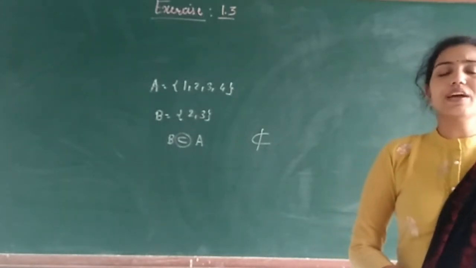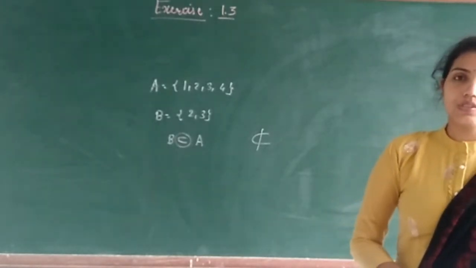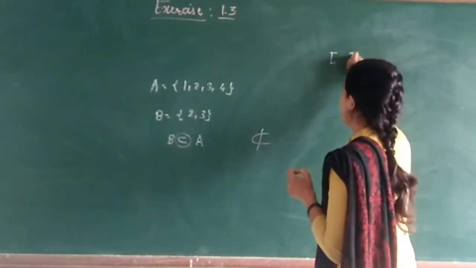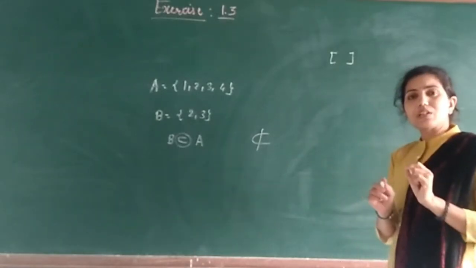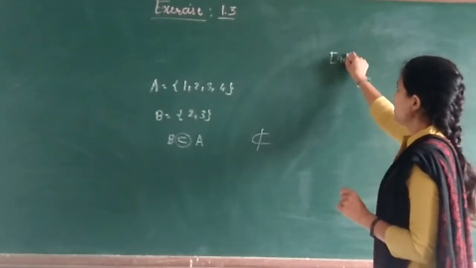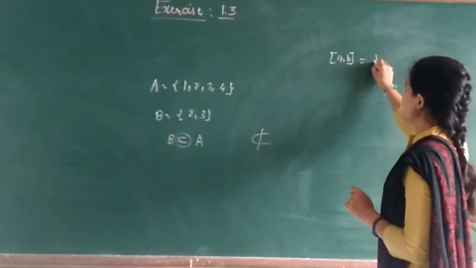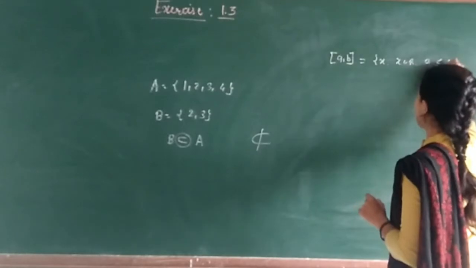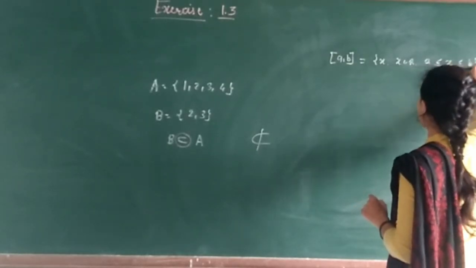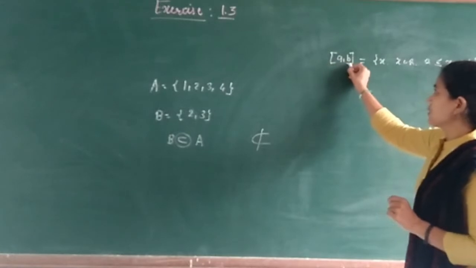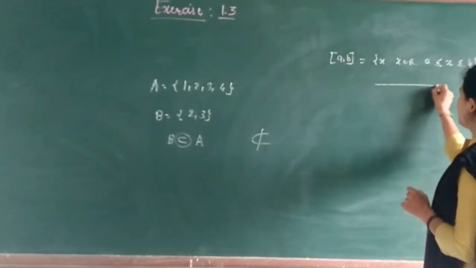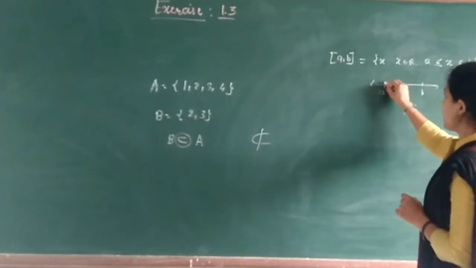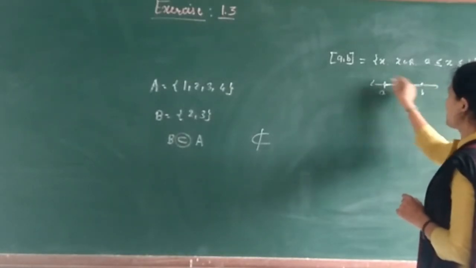After this, we have seen the intervals are subsets of R. So intervals we have seen, and the first is the closed interval. What did closed interval mean? If we write down [A, B], this means all the x where x belongs to R and A is less than or equal to x less than or equal to B. That means whenever you consider [A, B], then on the number line, here is A and here is B. So including A and B, all the elements are there.